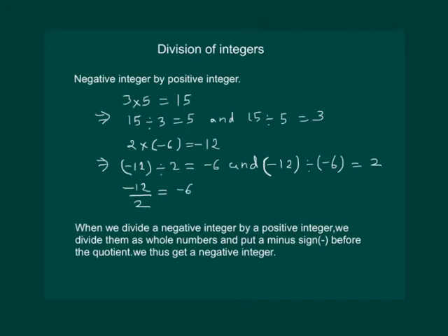Here we are actually performing the normal division, 2 sixes are 12, and putting a negative sign. So we can say that when we divide a negative integer by a positive integer, we divide them as whole numbers and put a minus sign before the quotient. We thus get a negative integer as the answer.